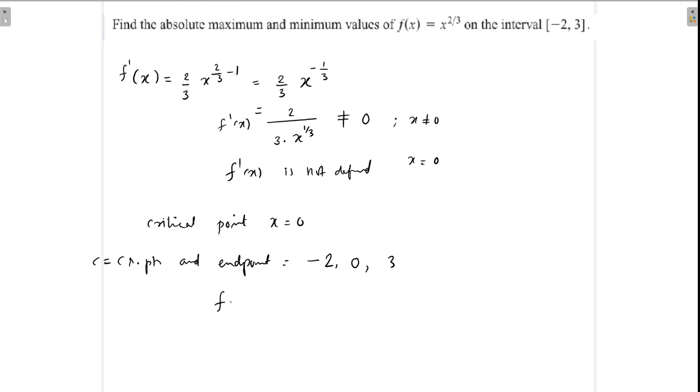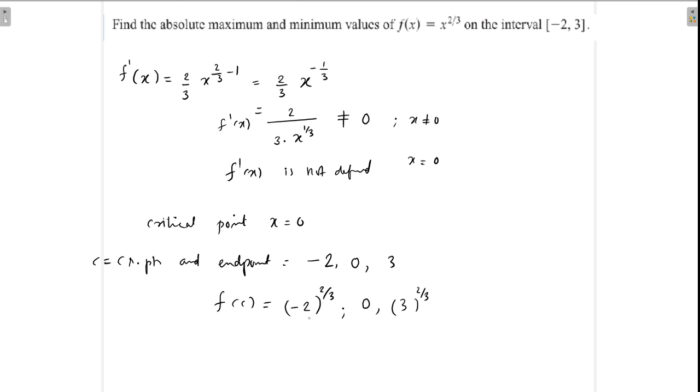Then the corresponding f of c: whenever x equal to minus 2, that will be minus 2 power 2 on 3. If x equal to 0, this will be 0. And x equal to 3, we get 3 power 2 on 3. Clear? So these are the values.